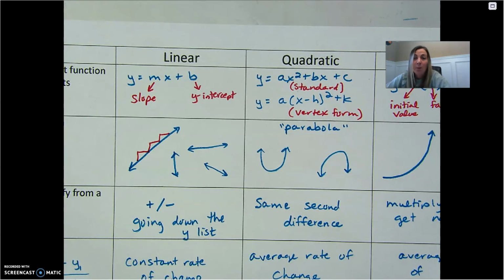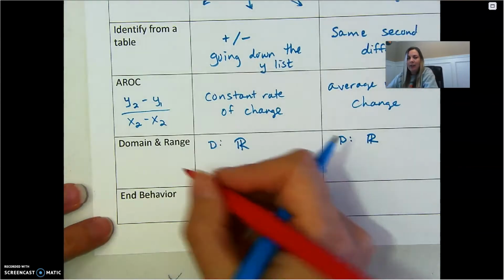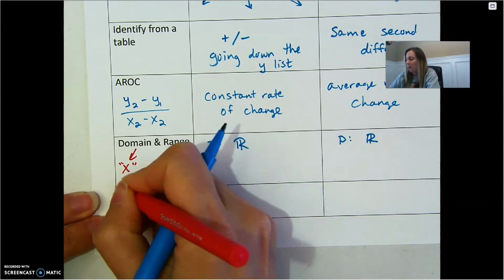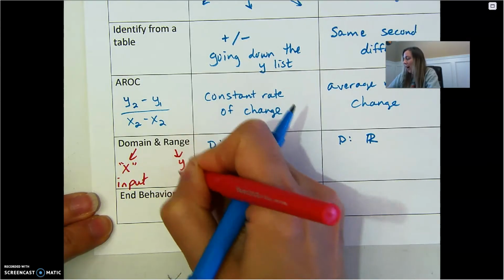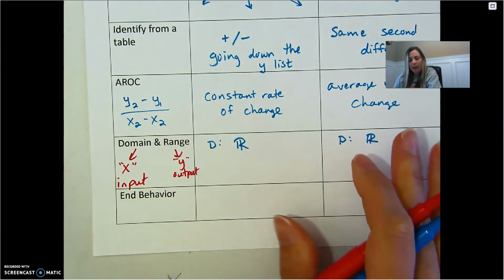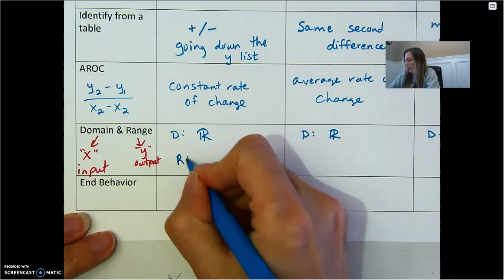We could put 2.2229. So we could put anything in for x that we want. So I'm going to add right here, domain, that's your x value, right? That's the input for your equation. The range is your y values. That's your output. All right, so your range, let me put an R for range.